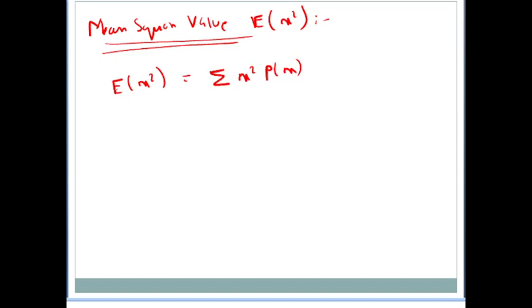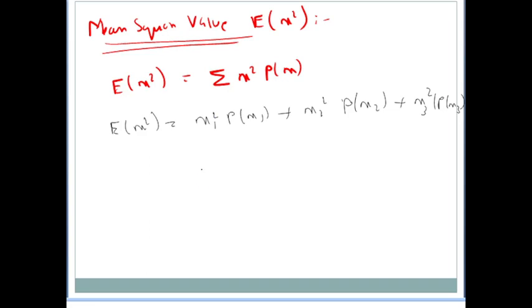Thus it can be written as E of x square is equal to x1 square p of x1 plus x2 square p of x2 plus x3 square p of x3, etc.